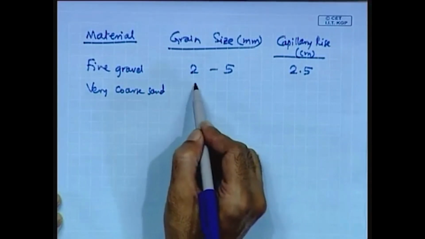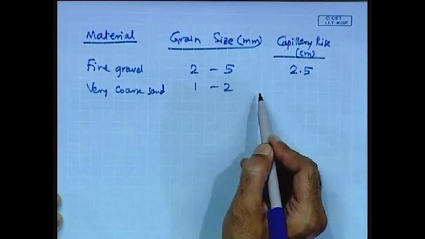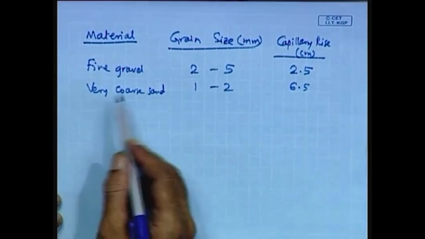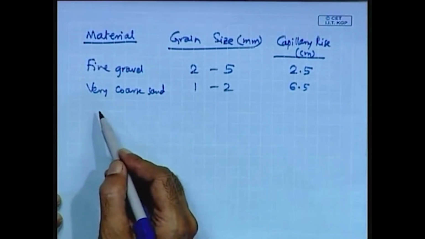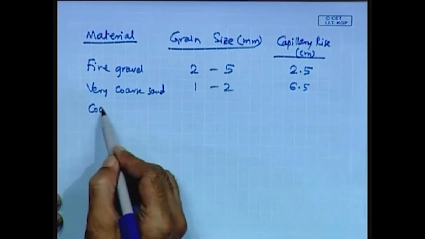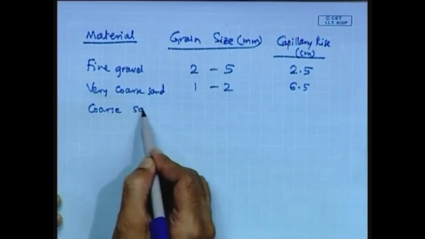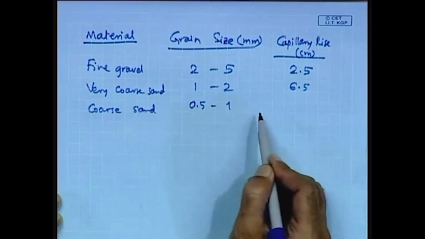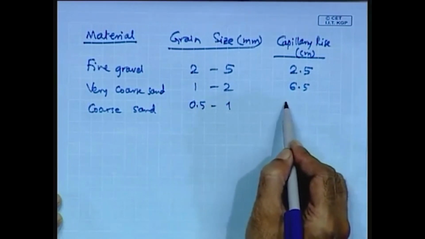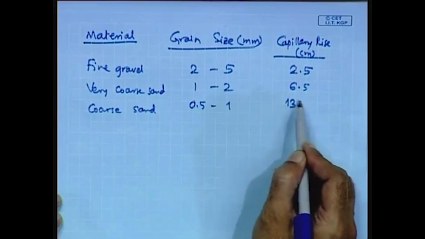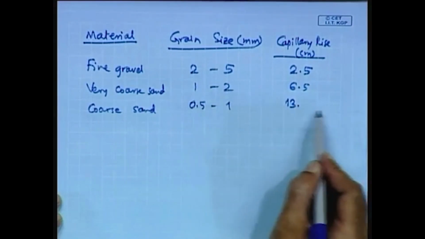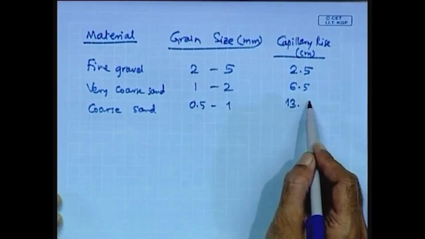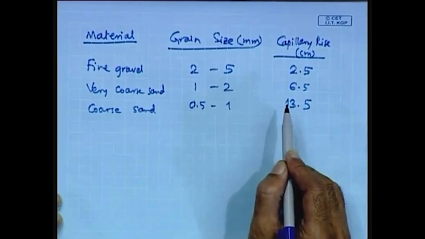The grain size is 1 to 2 millimeter, and the capillary rise is 6.5 centimeter. Still smaller is coarse sand, where the grain size is 0.5 to 1 millimeter, and the capillary rise increases as the grain size gets reduced and correspondingly the pore size also gets reduced. So, this is 13.5 centimeter.